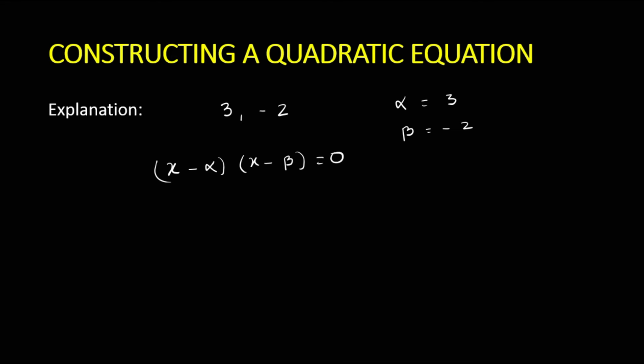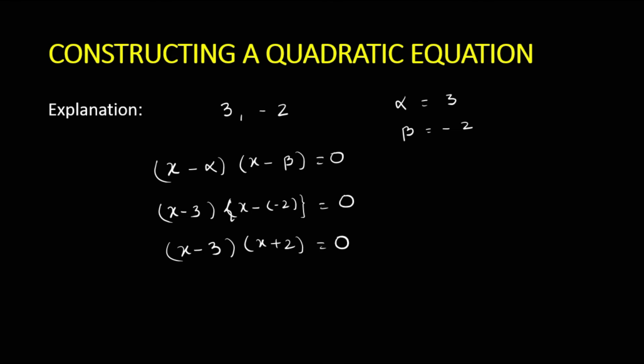Putting alpha equal to 3, we can write x minus 3 into x minus, here the root beta is minus 2, so we write minus 2 in small brackets, equal to 0. So x minus 3 into x plus 2, equal to 0. This is the quadratic equation whose roots are 3 and minus 2.